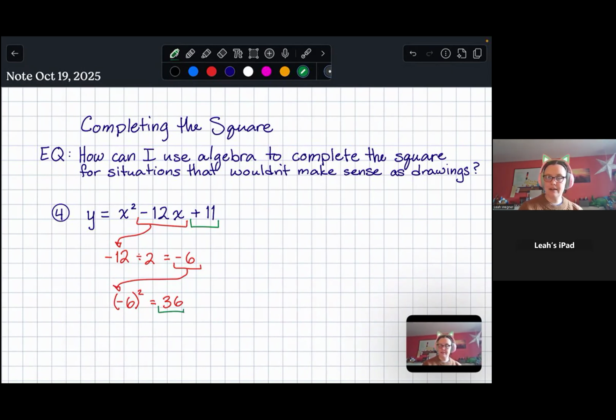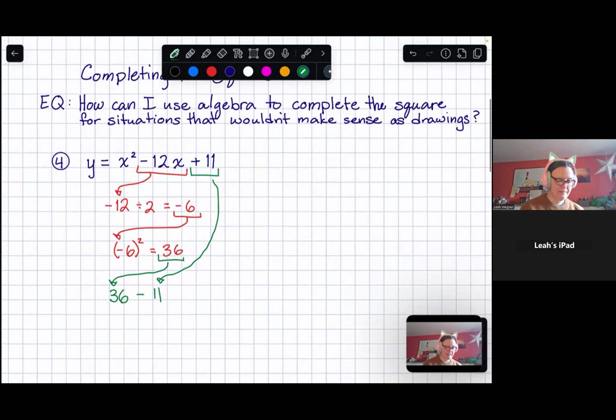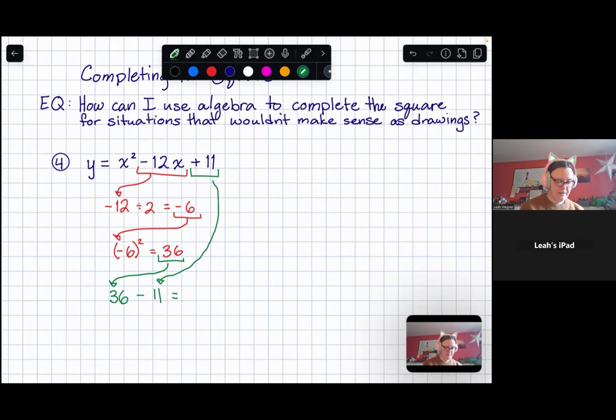So in order to figure out what's going to happen, we'll take those two numbers and subtract 36 minus 11 to figure out how many more I would need to add to 11 to get to 36. 36 minus 11 is 25.